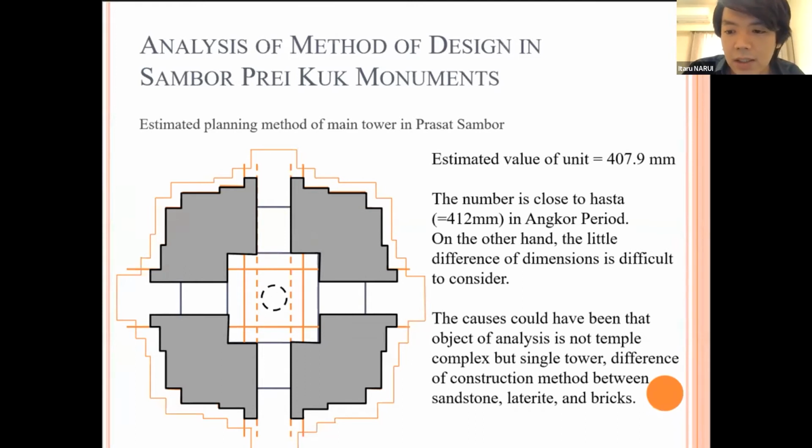The causes could have been that the object of analysis is not a temple complex but a single tower, or the difference of construction method between sandstone, laterite, and bricks in materials.